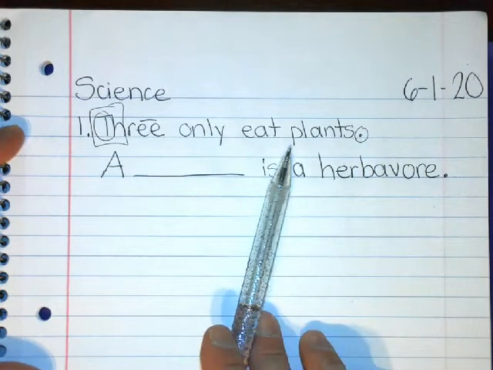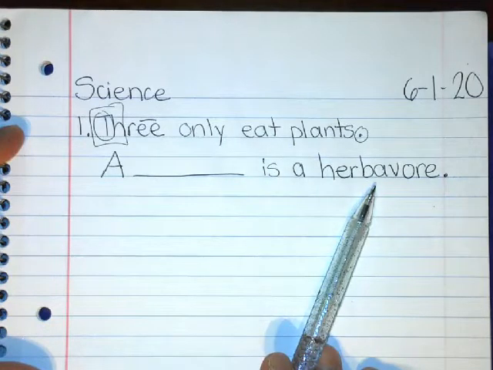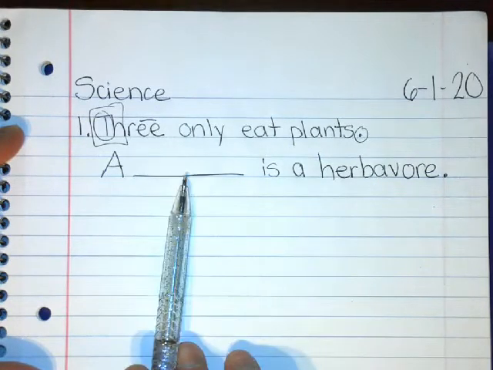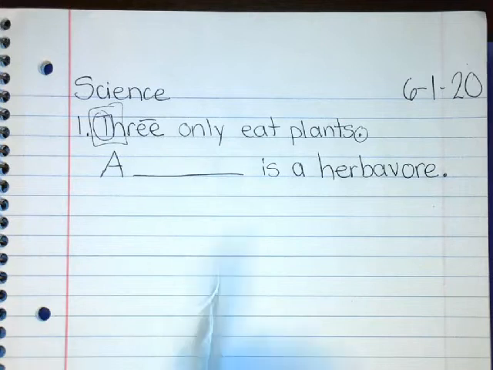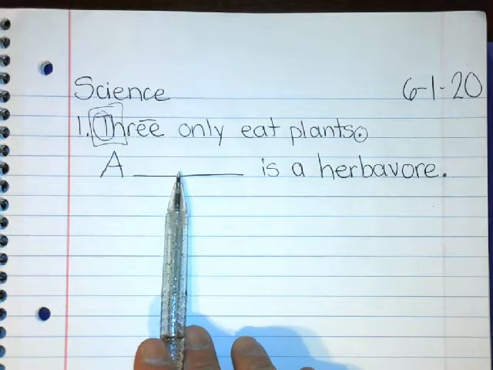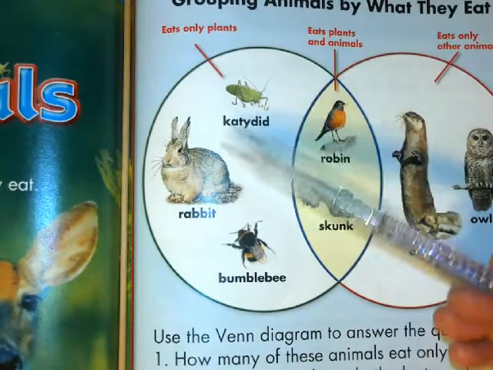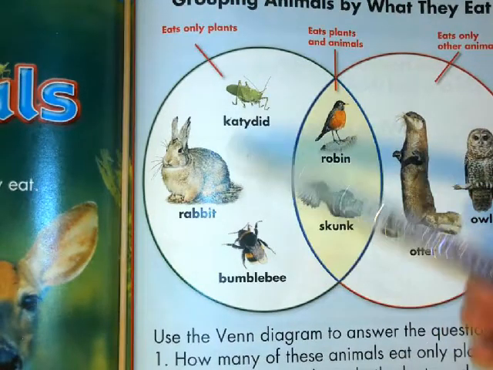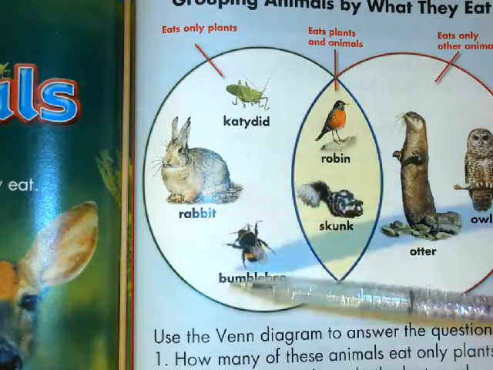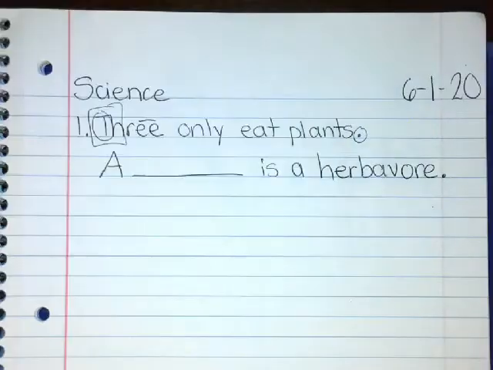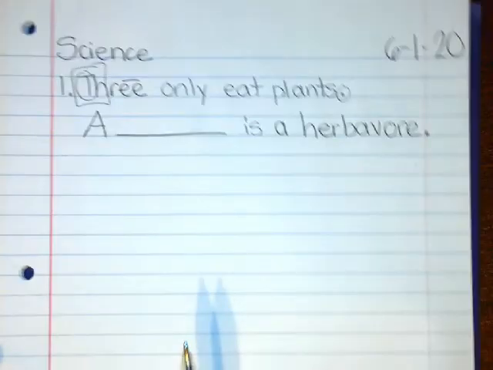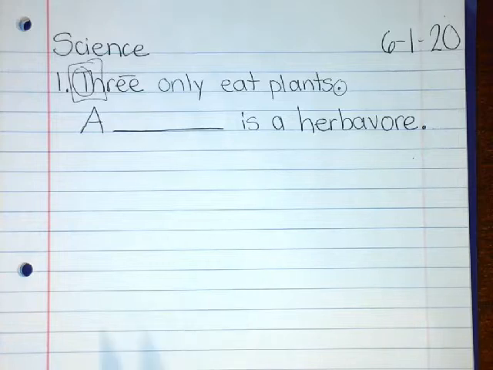So the animals that eat only plants are called herbivores. So you're going to look at the Venn diagram and put the name of an animal that eats only plants. Right here on this side. You're going to write the name of one of these animals in your sentence. Pause it if you need time to do that and catch up.